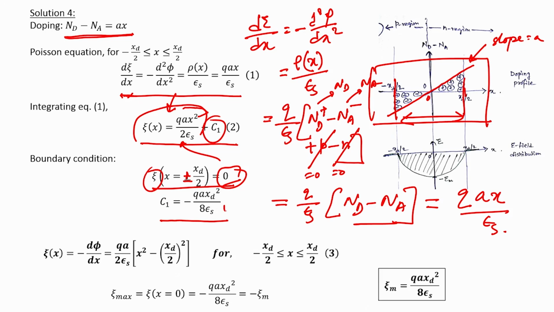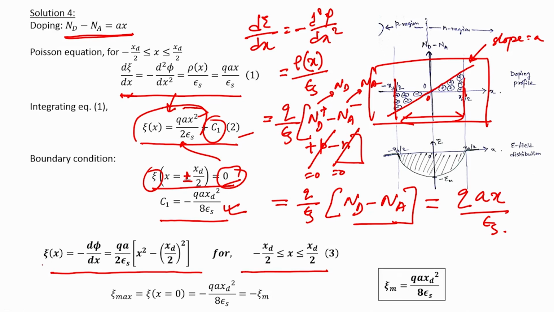Now you plug in this expression of C1 into equation 2, and you will find the total electric field expression, equal to minus d phi dx. This is the electric field inside the region minus xd by 2 to xd by 2. Beyond that the electric field will become 0.